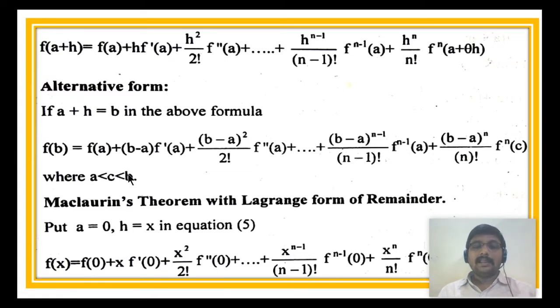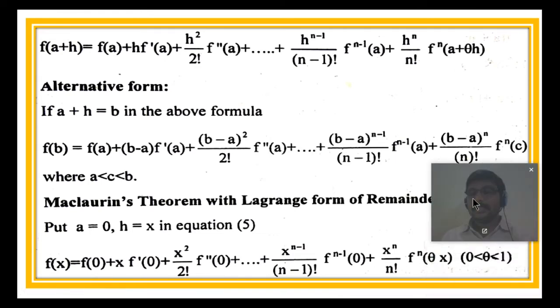Now the Maclaurin's theorem with Lagrange's form of remainder is obtained by replacing a with 0 and h with x in this equation. We get the Maclaurin's theorem formula, that is f of x is f of 0 plus x by 1 factorial f dash of 0 plus x square by 2 factorial f double dash of 0 plus, and so on, plus x power n by n factorial f nth derivative at theta x.